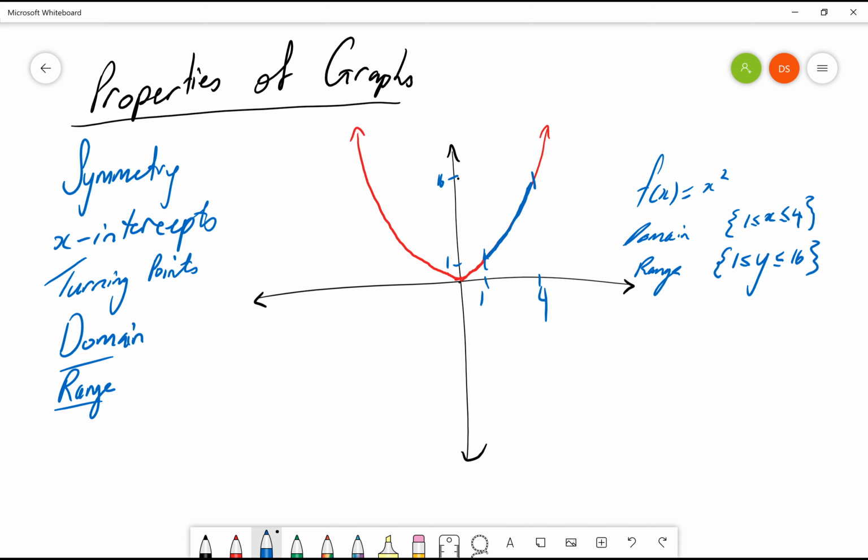So 1 to 4 is my domain, and 1 to 16 is my range. As for the red graph, the domain is all real numbers, and the range for the red graph is positive. But that's not what I was looking at. I'm just looking at a small section of that graph, and that's what I wanted to remind you of.